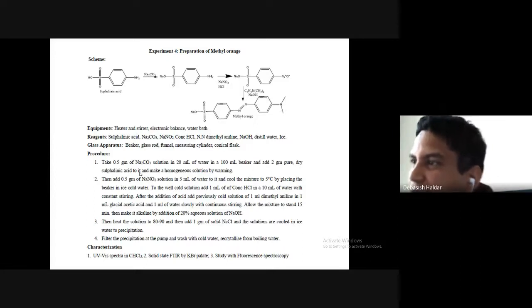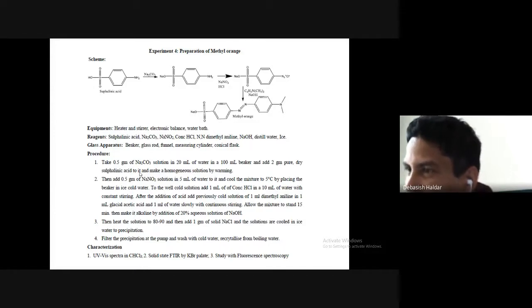Once we add that acid to this reaction mixture containing NaNO2, NaNO2 and HCl will react to prepare HNO2, and that will act as the diazotizing agent. Then the diazotization will take place, and we'll see a color change happening.